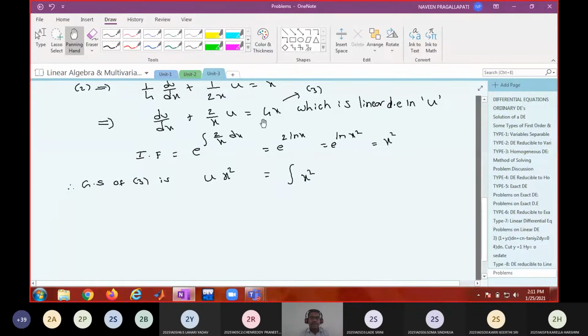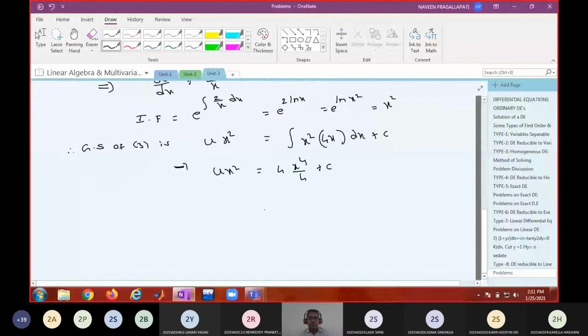So u x square is equal to the integral of x square into 4x dx plus c. So u x square is equal to 4, a constant, times the integral of x cube, which is x power 4 by 4, plus c.